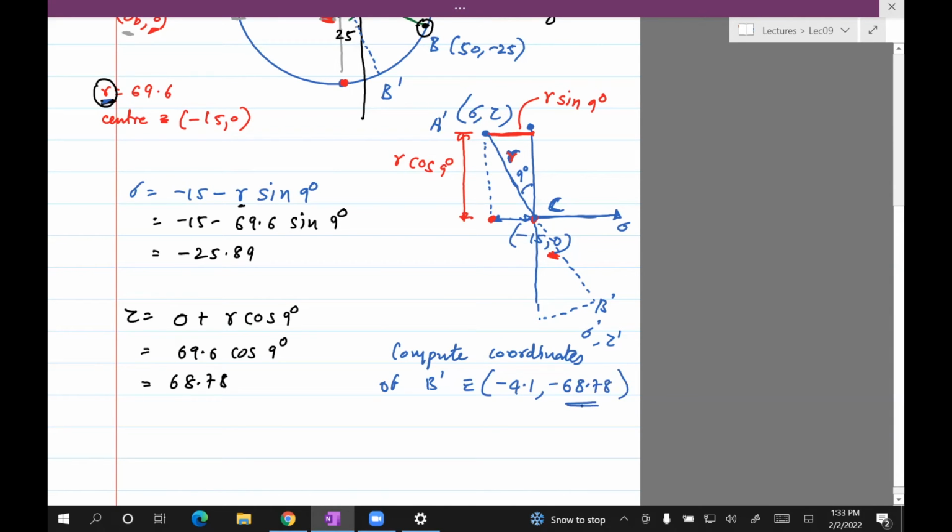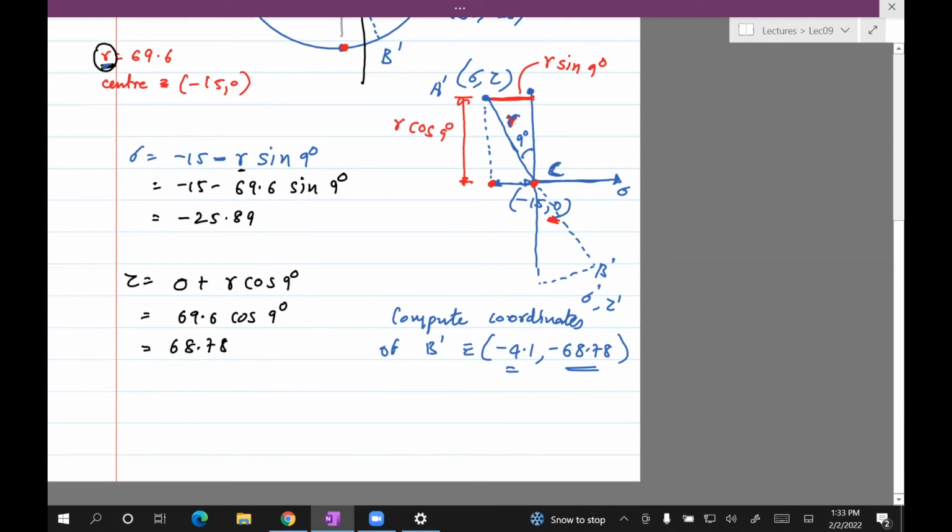Okay, so 68.78 is kind of obvious because it's going to be the other side. The minus 4.1 actually comes because instead of having a negative, you'll have a positive. So it's actually kind of simple to do. But I want you to go and draw this figure again and see if you can figure it out yourself.